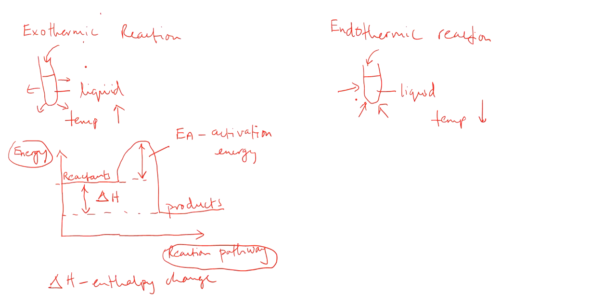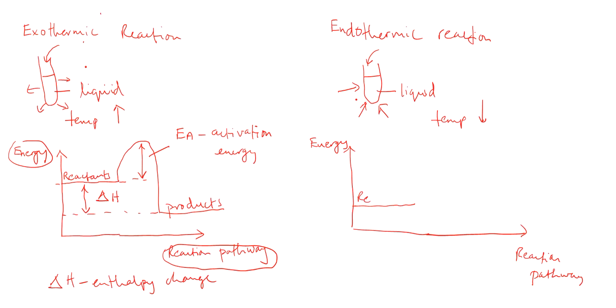All right, now let's draw an energy profile diagram for an endothermic reaction. So in the case of an endothermic reaction, we're going to have energy. We are going to have reaction pathway, and in this case energy is being absorbed from the surroundings, so we're going to draw our reactants here.